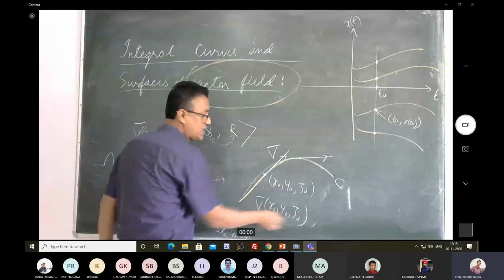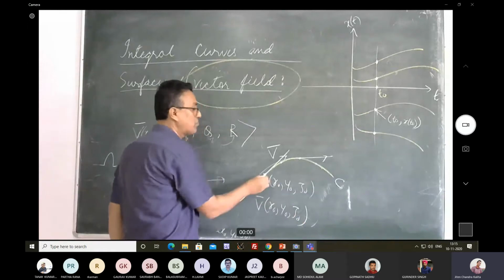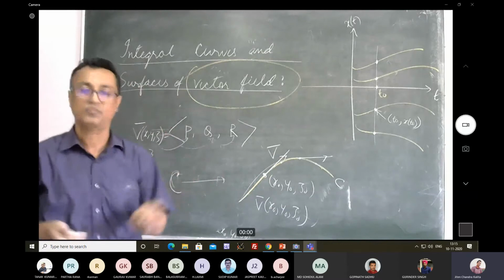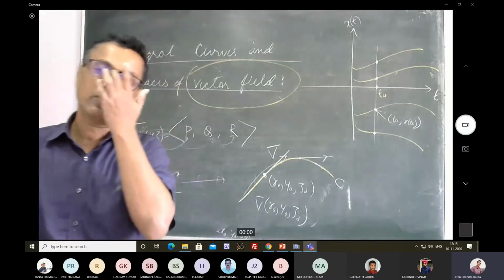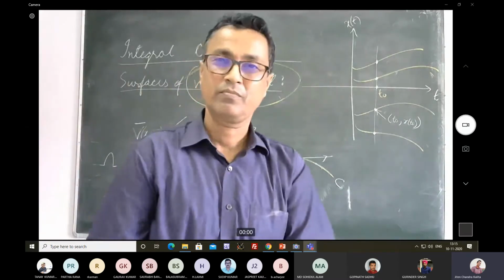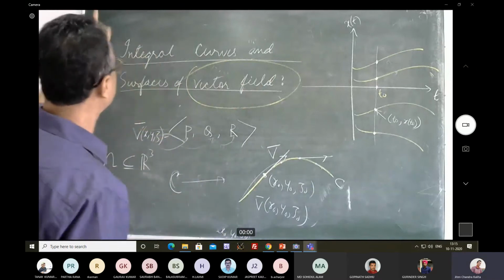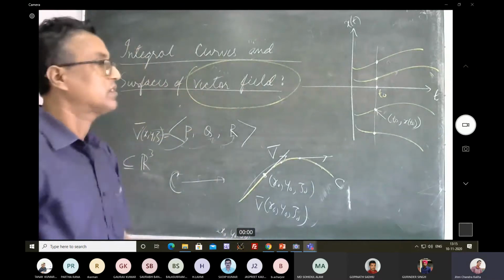This vector V at x0, y0, z0 must be a tangent to the curve at that particular point. Is it clear now? Is it okay with everybody? Yes? The definition of an integral curve of a vector field.